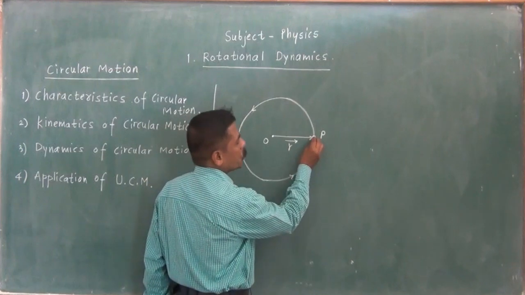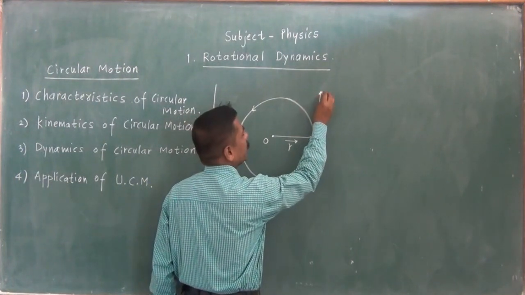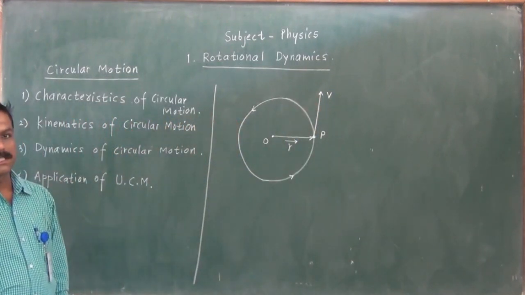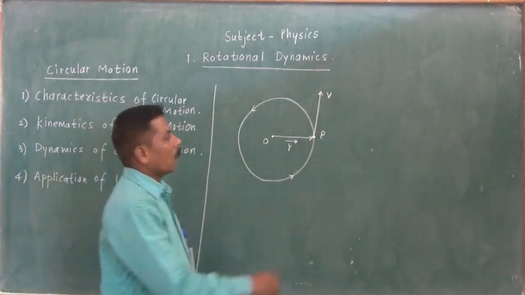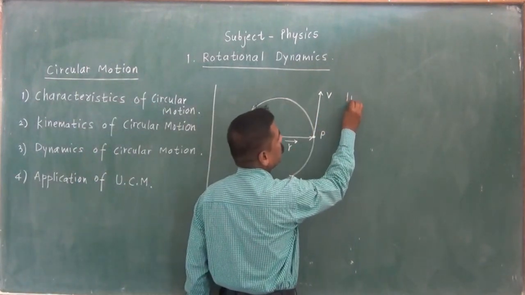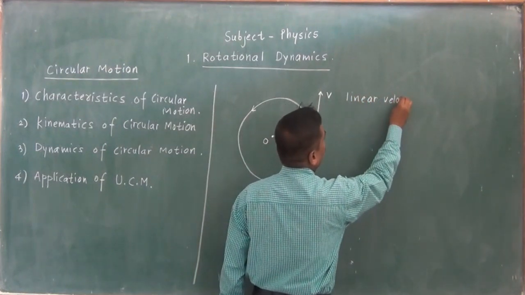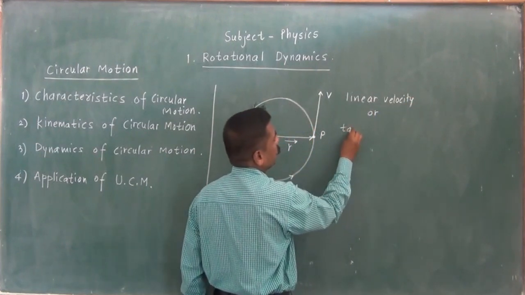Now the particle is taken at this point P. If we show the direction of the velocity, this is the direction of the velocity when the particle is at P. This velocity is called linear velocity or tangential velocity.